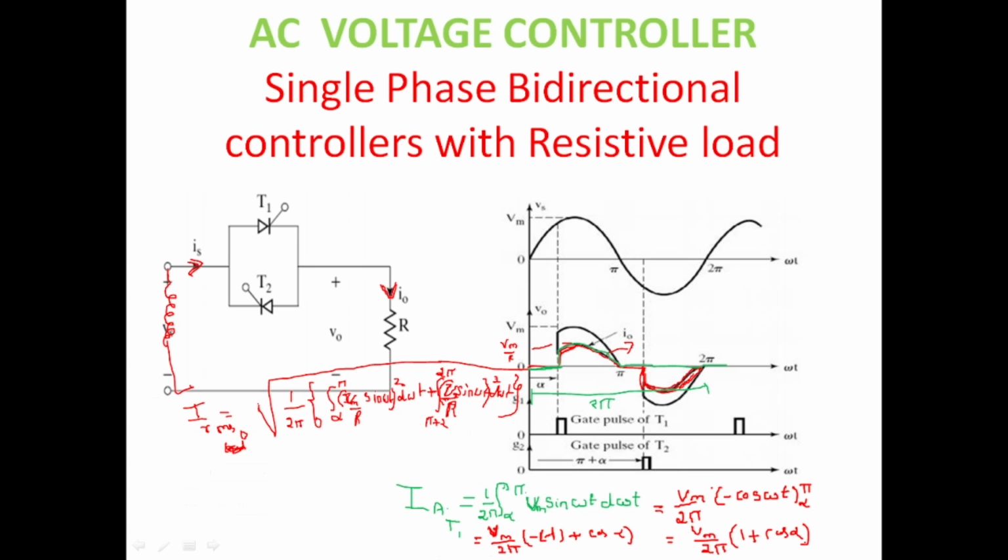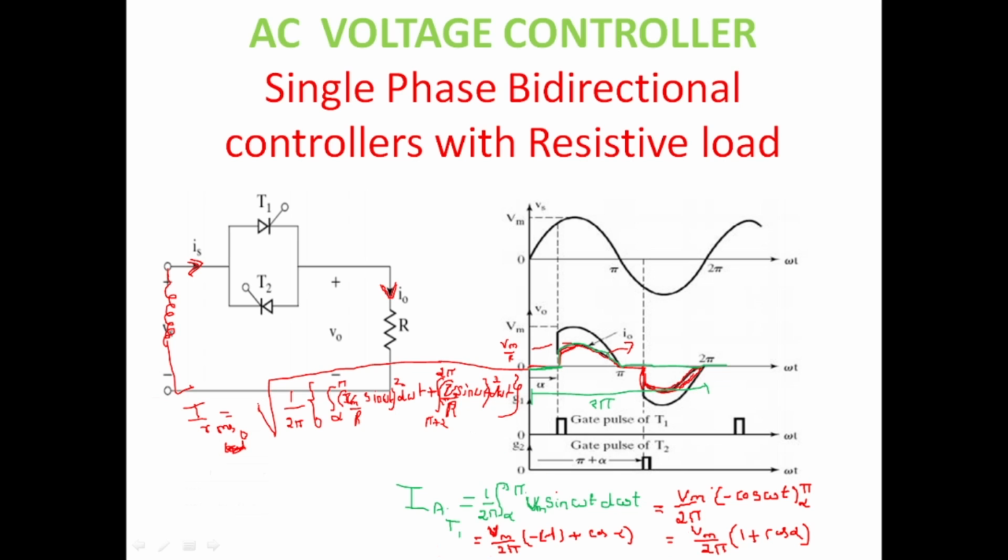You substitute values here. Vm by 2 pi. Okay, there is one mistake we did here. Can you check?